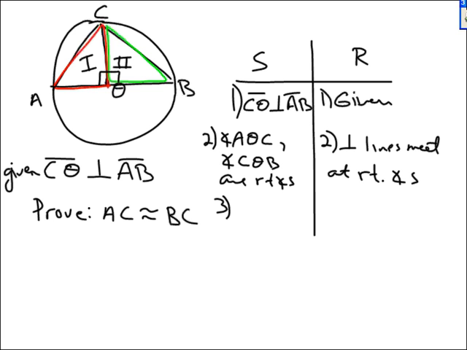Number three, angle AOC is congruent to angle COB. All right angles have the same measure. All right angles are congruent.